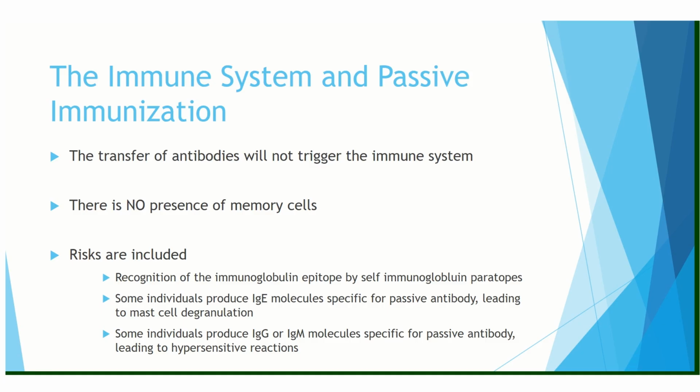Also, some individuals produce IgG molecules, and that's why mast cell degranulation happens. In some individuals who produce IgG or IgM molecules, there can be a hypersensitivity reaction, for example, an allergy.